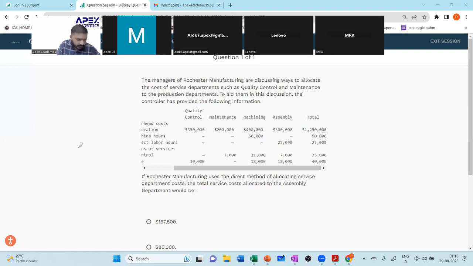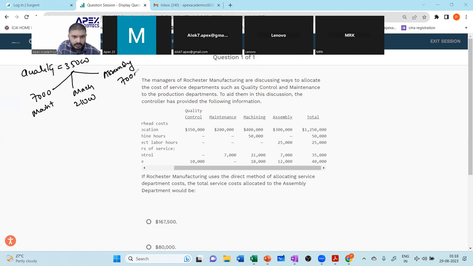First of all, when I talk about quality, quality has a total of how many hours? 35,000 hours. Out of these, 7,000 hours go to maintenance. Machining gets 21,000. And assembly gets 7,000. This is ignored. Why is it ignored? Because we are doing the direct method. In direct method, service to service is ignored.